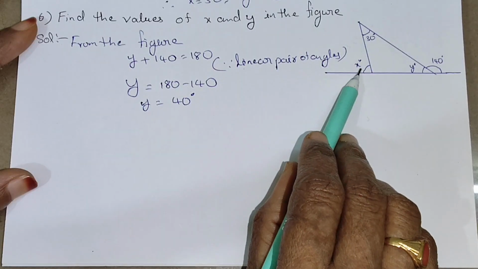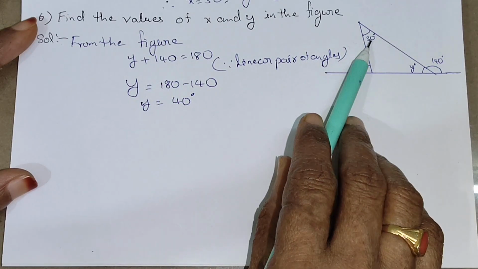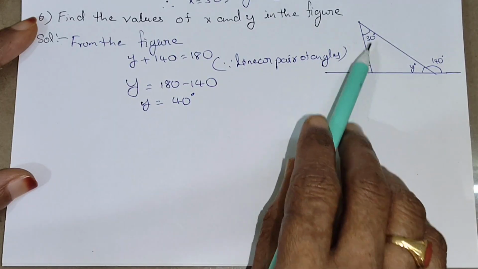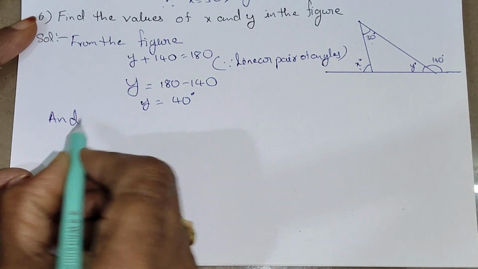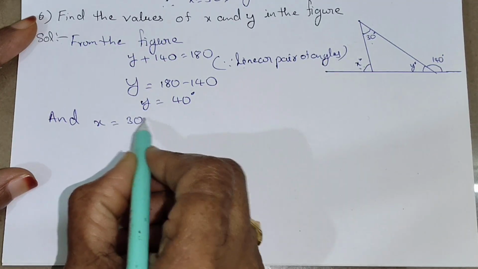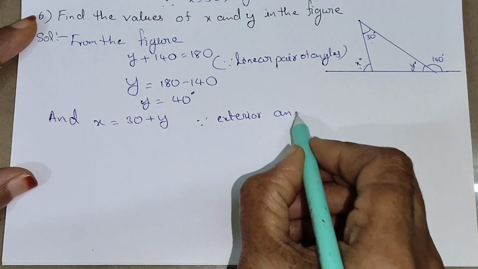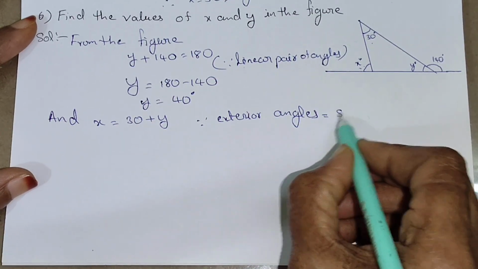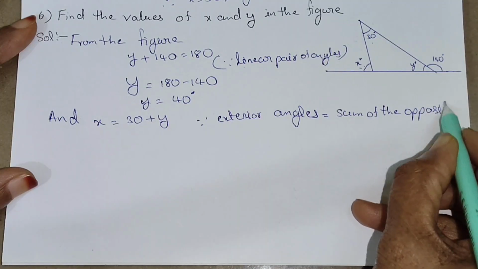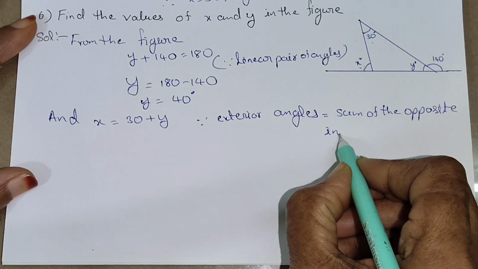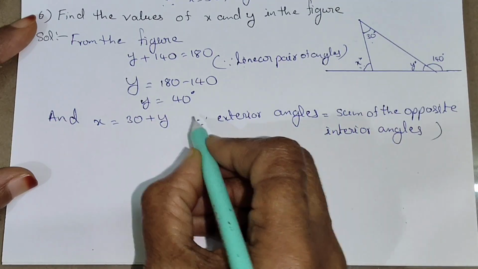So here x is an exterior angle. This exterior angle is equal to the sum of the opposite interior angles.